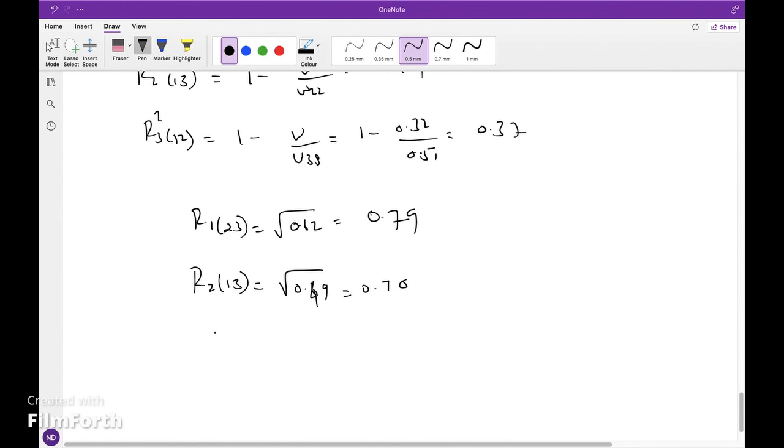Then the third one, R3.12, is the square root of 0.37, that is equal to 0.61. So capital R is the multiple correlation coefficient, and small r is the partial correlation coefficient.